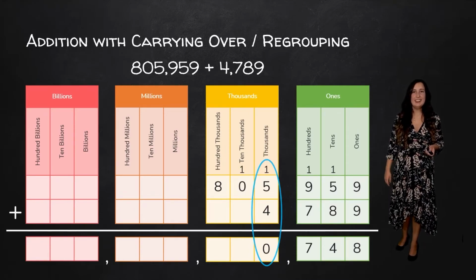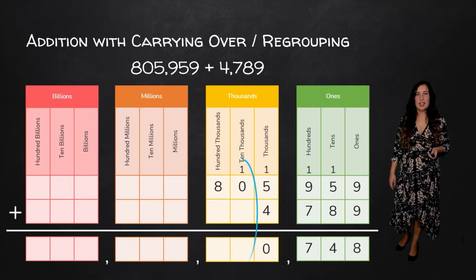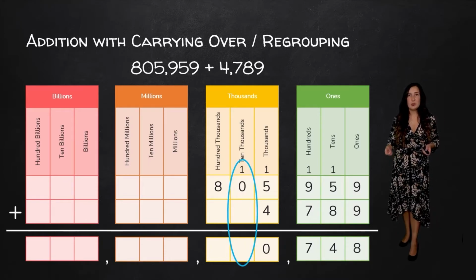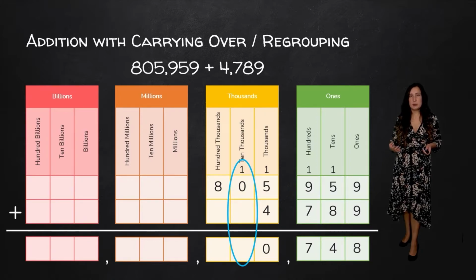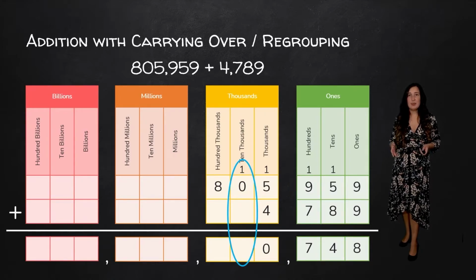All right, now moving on to the next place value, notice that one of our values does have a 0 in the 10,000s place value, and the other one has nothing. But altogether we have 1 and 0 here, and that just ends up being 1. All right?